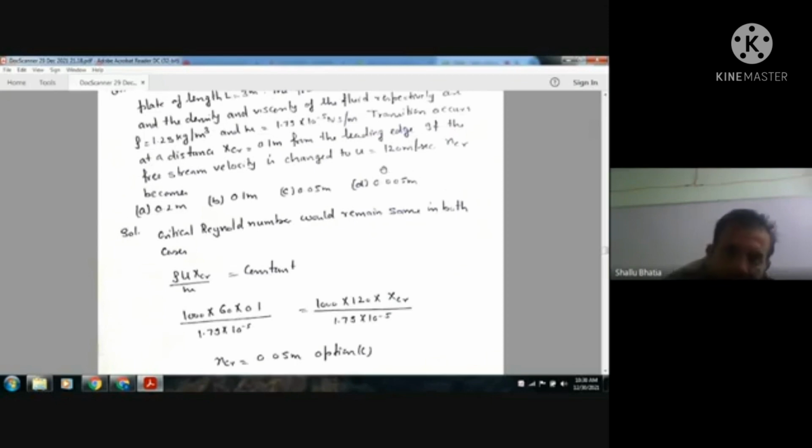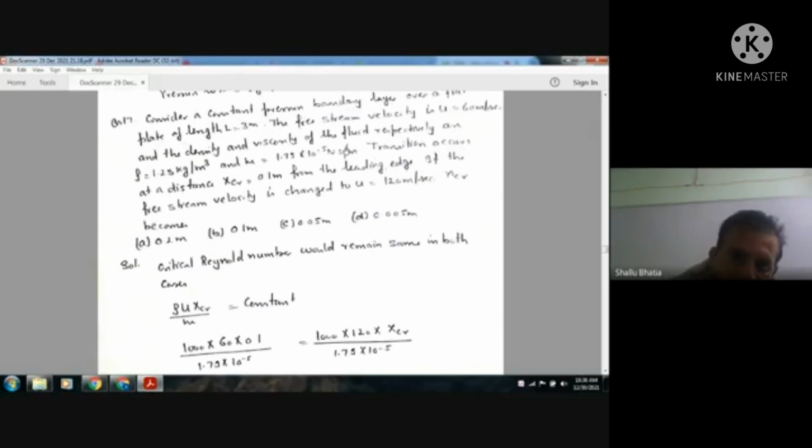Initially xcr is given as 0.1, rho is 1000, u is 60, and mu for air is 1.79.